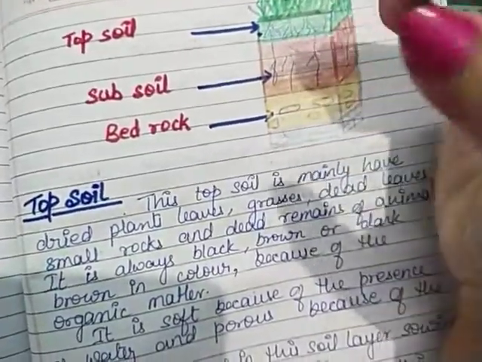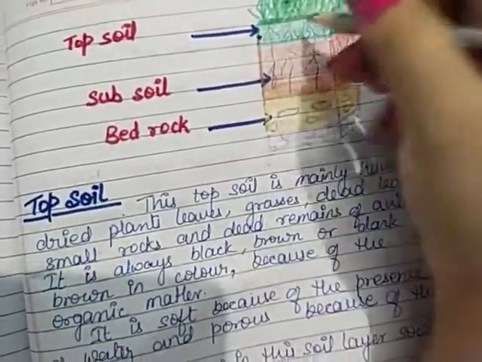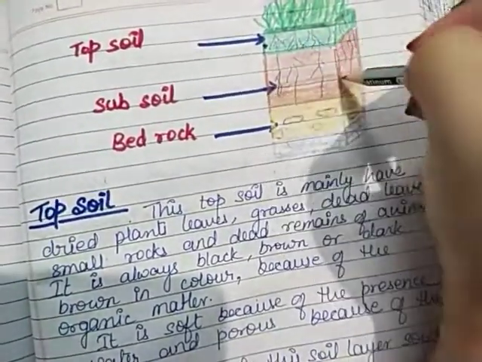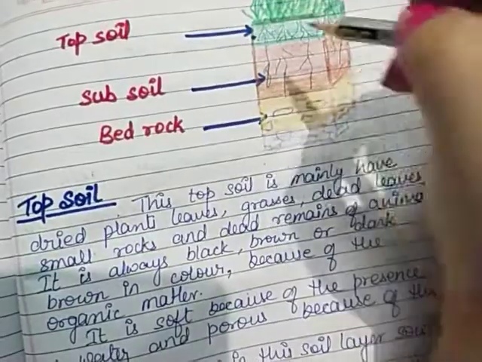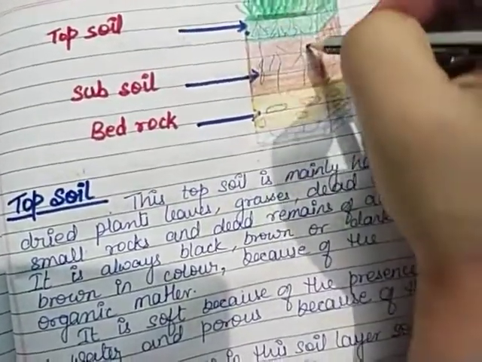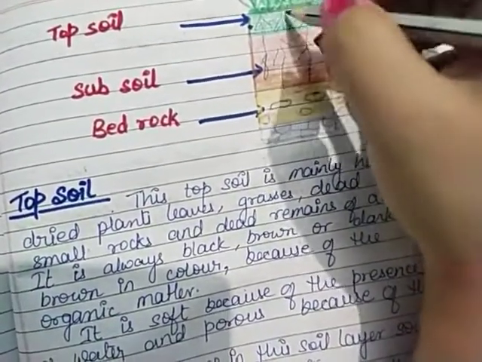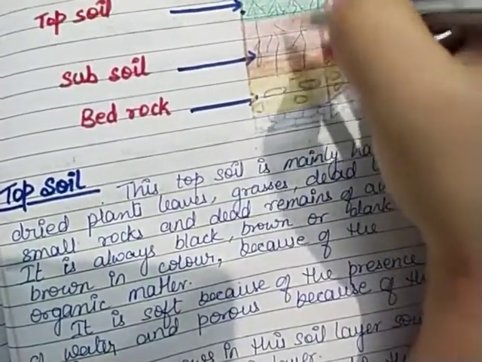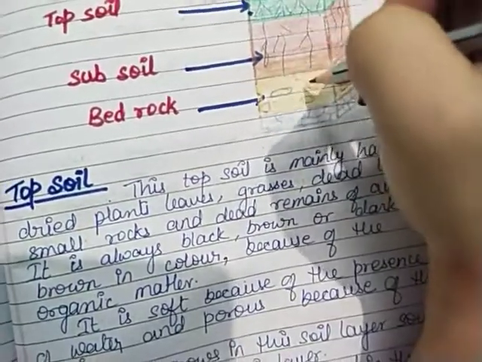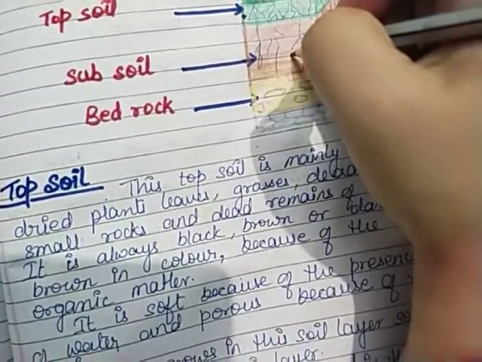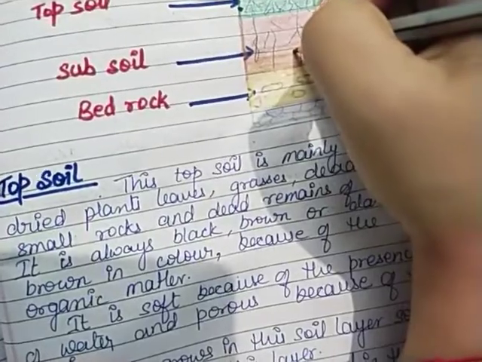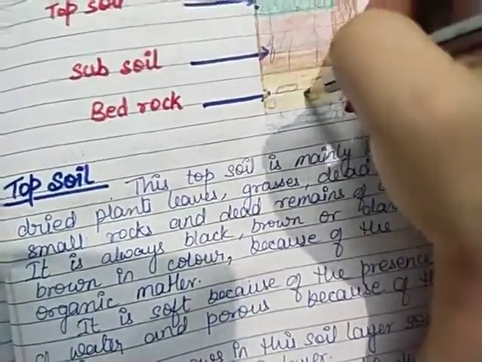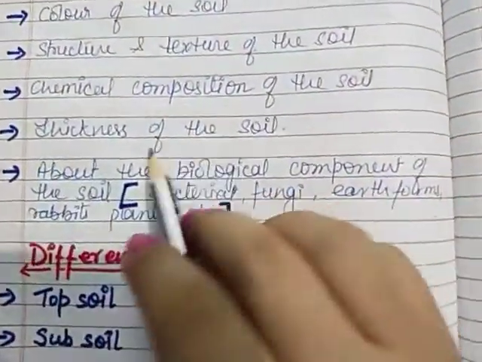Here you can see the layers, the topsoil, the subsoil and the bedrock, how thick these layers are. By comparing the different layers we can easily get accurate measures of how much thicker they are from each other. So this is all about the thickness.